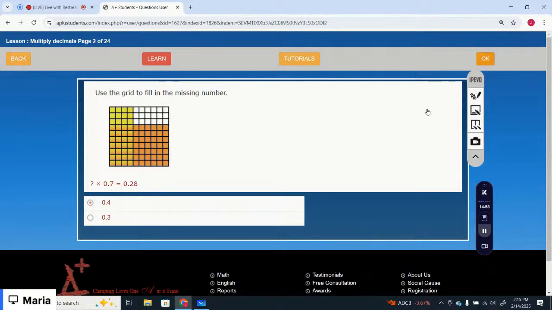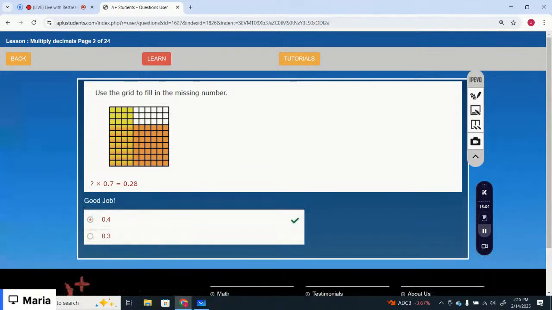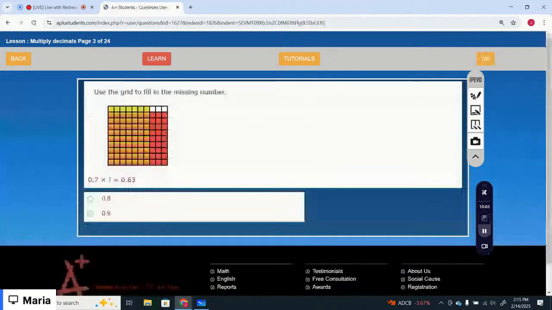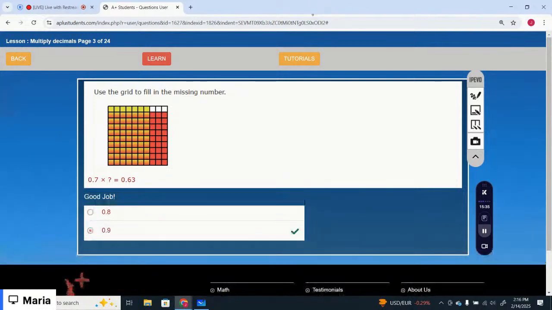Option number 1 is the correct option. Use the grid to find the missing number. 0.7 times what number makes 0.63? That is 0.7 times 0.9. That makes 0.63.